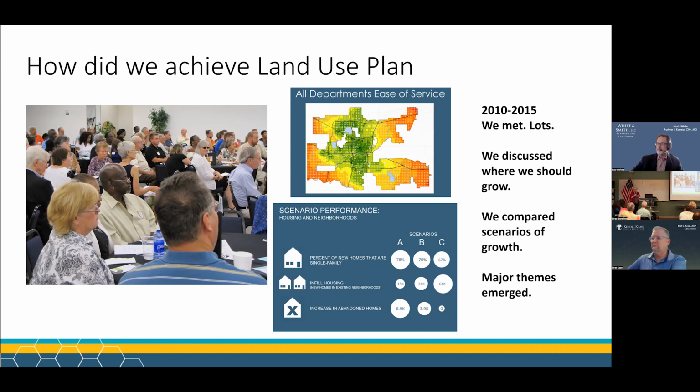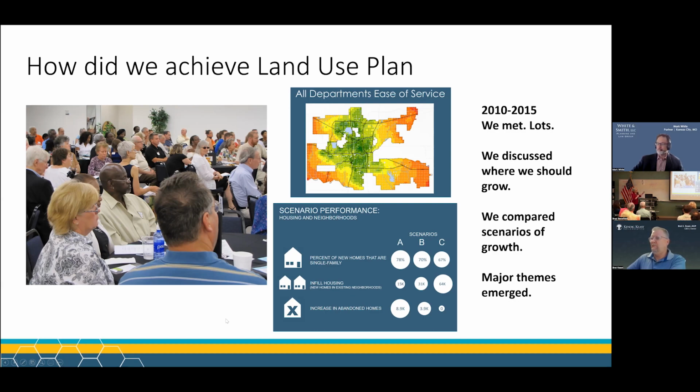There's a cost to efficiency, right? If you already have the infrastructure, the street network, the public safety response times, it's more cost effective to develop in those areas. Does that make sense? So that was the big picture of Plan OKC.